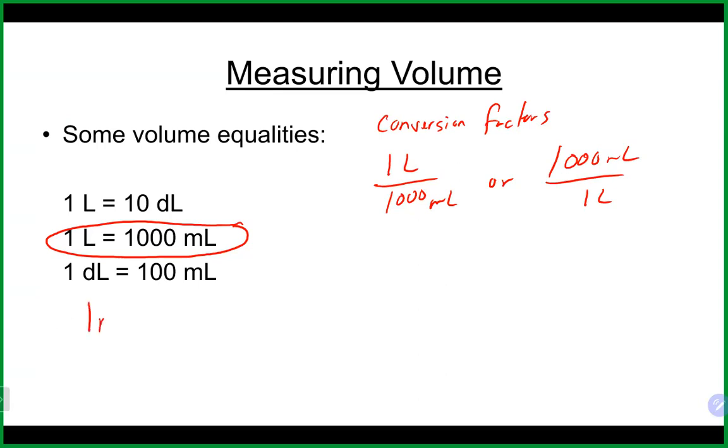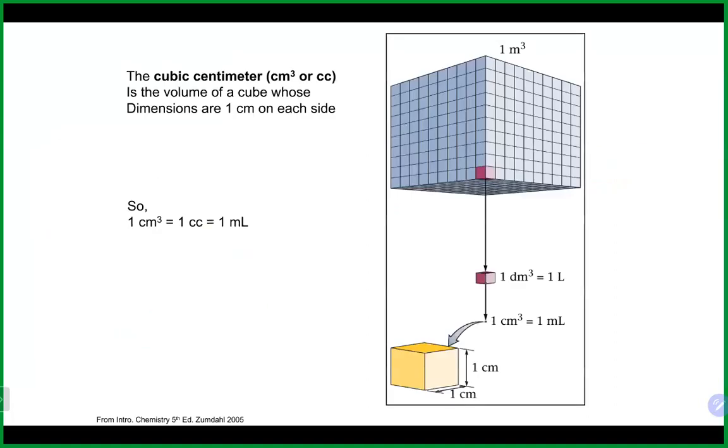And really the other one that we saw, which is a 1-to-1 relationship, is something that we use a lot. Again, a reminder that 1 milliliter is the same thing as 1 cubic centimeter. And they're both referring to a volume. As we see here, this one here is our cubic centimeter, and also our cc, which we don't use too much in chemistry but sometimes pops up.